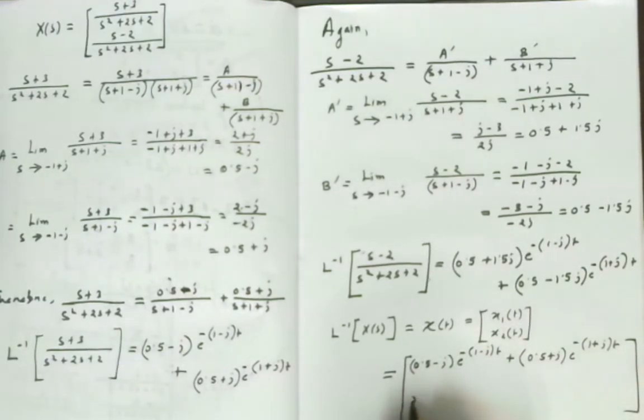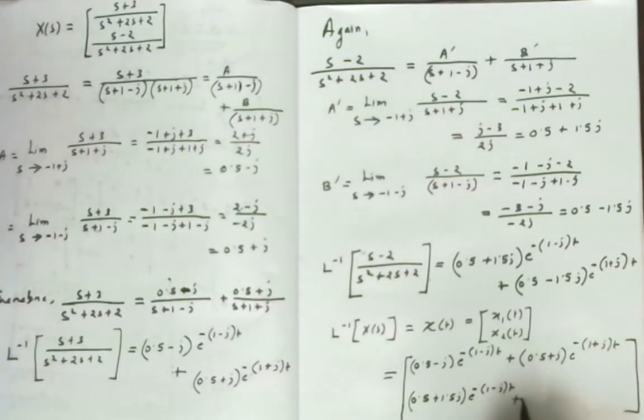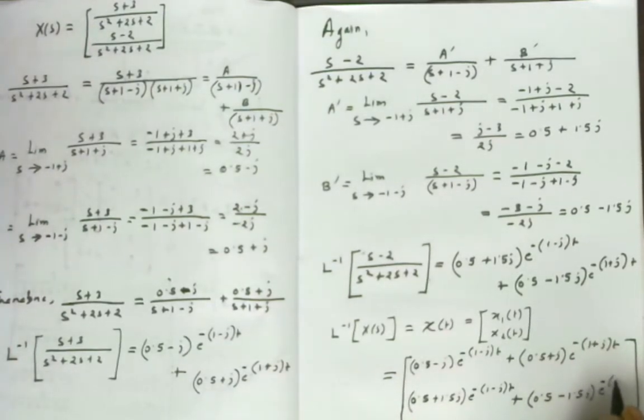So it will be (0.5 plus 1.5 j) e to the power minus (1 minus j)t plus (0.5 minus 1.5 j) e to the power minus (1 plus j)t.